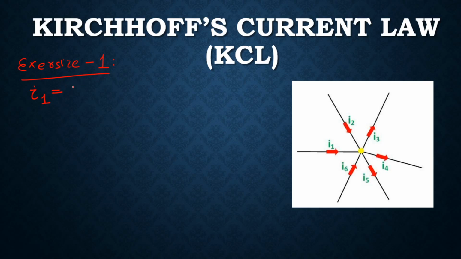I1 is equal to 10 amperes, I2 is equal to 6 amperes, I3 is equal to 2 amperes, I4 is equal to 7 amperes. Again I am leaving I5 as the unknown quantity, and I6 is equal to 2 amperes. So give me in the comment box below the value of I5.